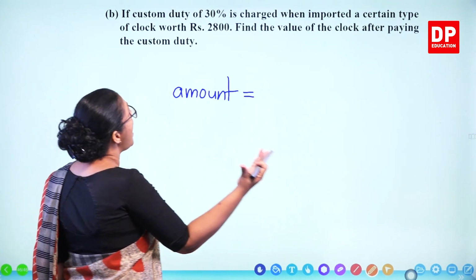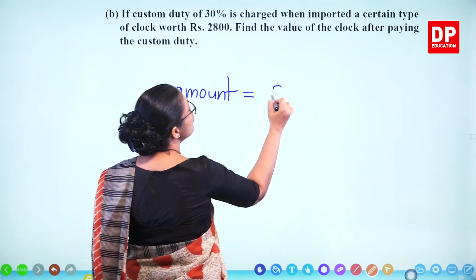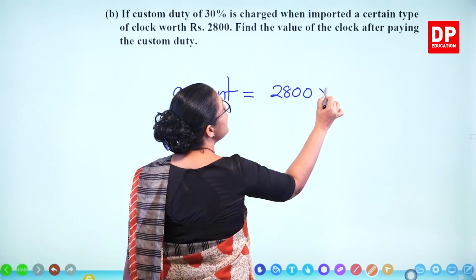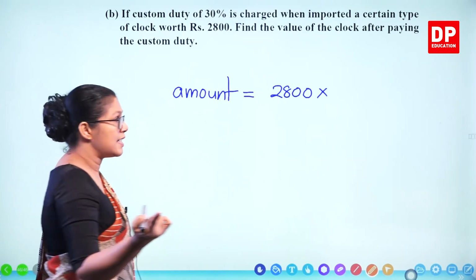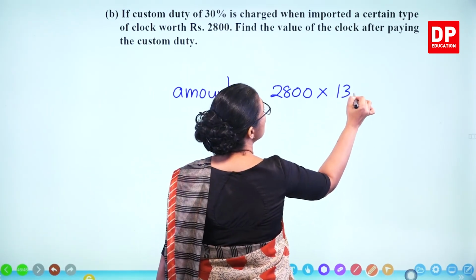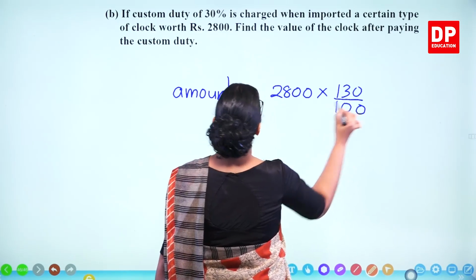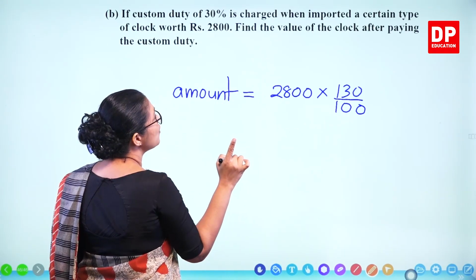You can add 100 to that. So 2,800 is the value. 30%. If it's 100, you have to pay 130. So 130 over 100. That's how you can find it at once.